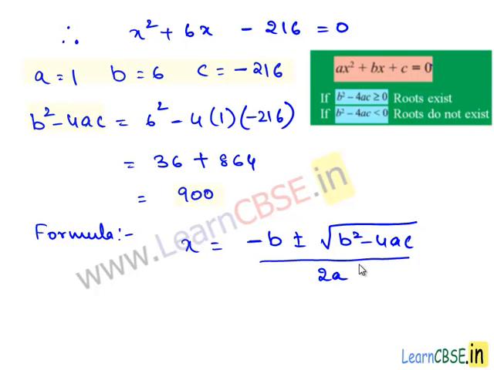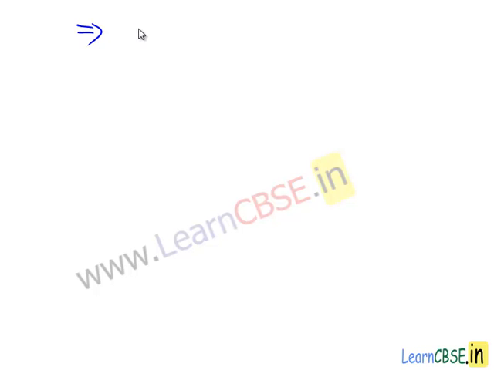So on substituting the values of a, b, c and b square minus 4ac, we have x is equal to minus b, so it is minus 6 plus or minus square root of 900 whole divided by 2a. It is 2 times 1, which is 2. So this implies x is equal to minus 6 plus or minus 30 whole divided by 2.